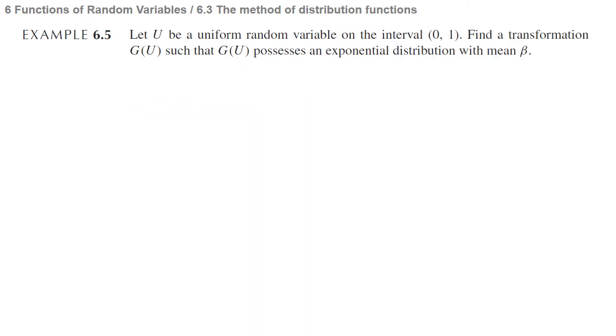Okay, let's move on to example 6.5. Let U be a uniform random variable on the interval (0, 1), and find the transformation g(U) such that g(U) possesses an exponential distribution with mean beta. So here, if U follows a uniform distribution, f(u) is 1 on the interval (0, 1), and 0 otherwise.